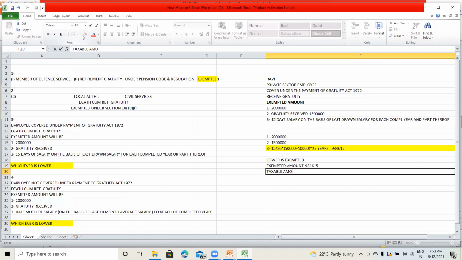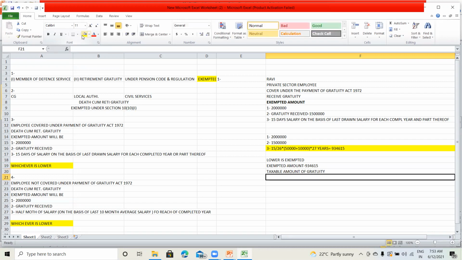The taxable amount of gratuity will be 15 lakh minus 9,34,615, which is 5,65,385 rupees.